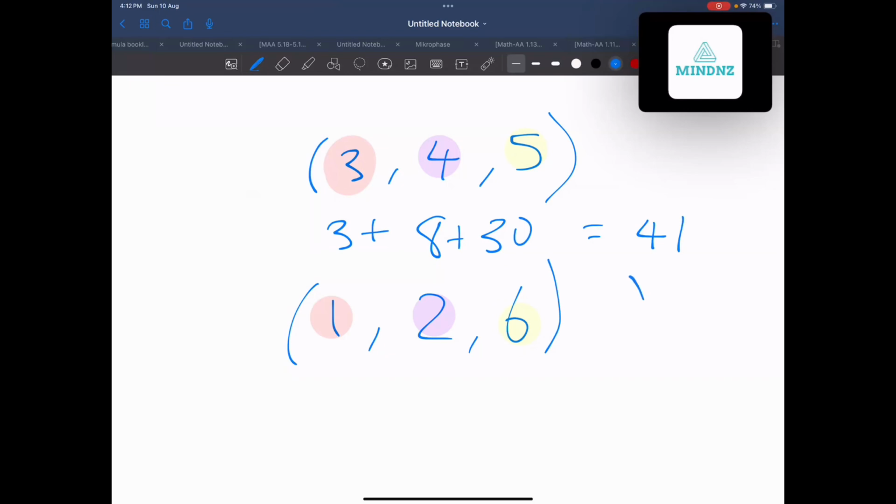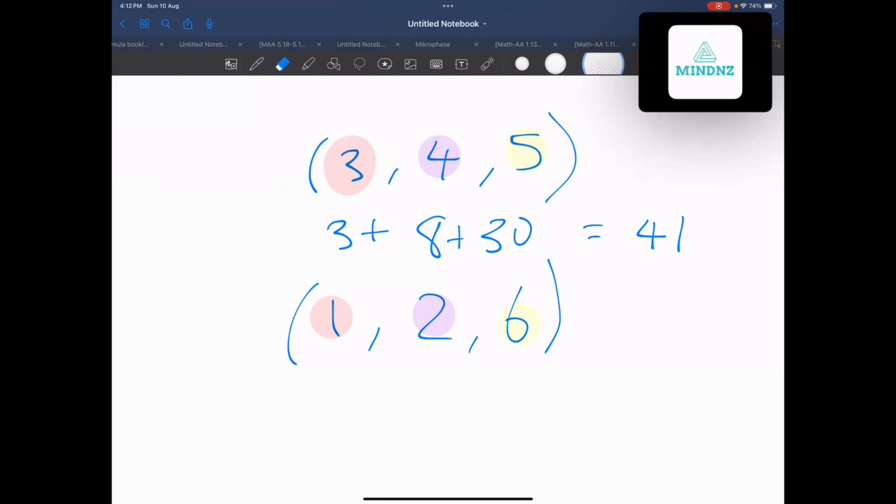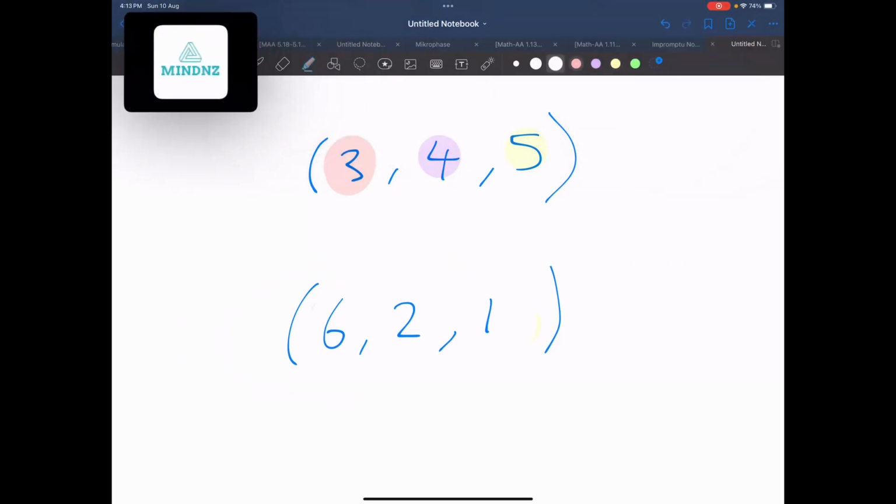Now what happens if we want to find the minimal one? Then we would order it the other way around. So instead, we would change 1, 2, and 6 so that it's ordered in the opposite way, from largest to smallest. Then we would have 6, 2, and 1. And then we would pair it up like this.